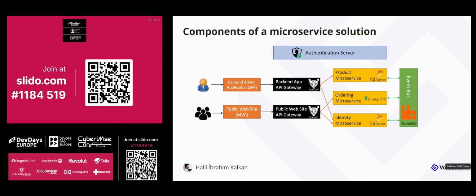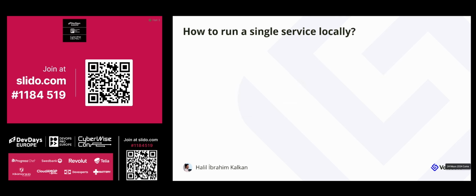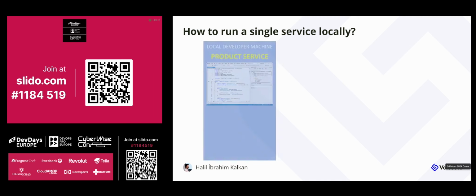You will typically have an event bus, maybe RabbitMQ, Kafka, or whatever you are using, and some other supporting infrastructure services. This is a complicated system, but actually this is very simple, because in real life you will have many more microservices. But think that you are only responsible for developing the product microservice here. So how do you run this product microservice locally in your own environment while it has many dependencies on the other systems?